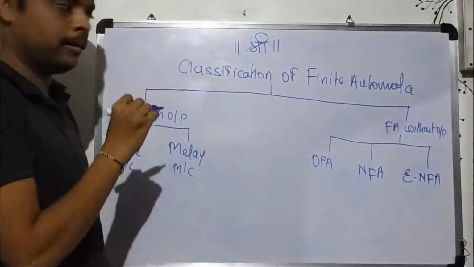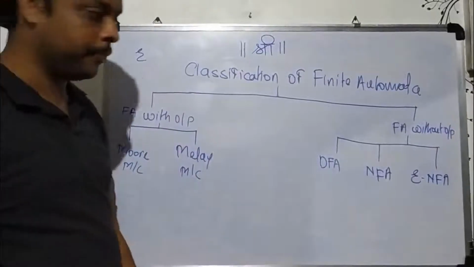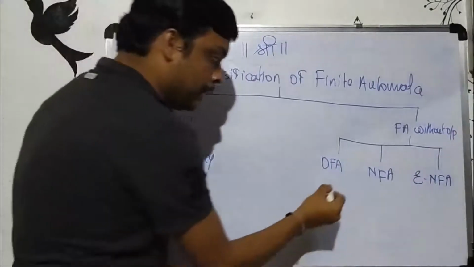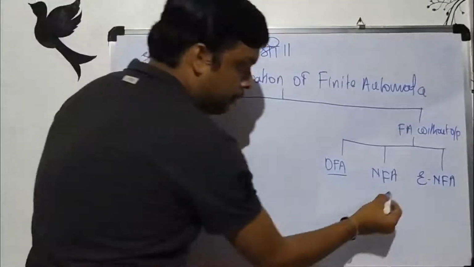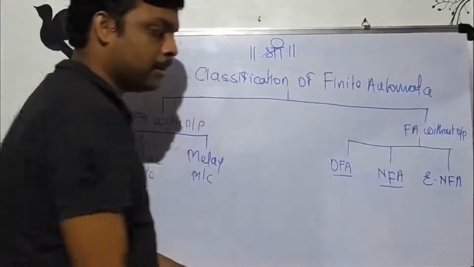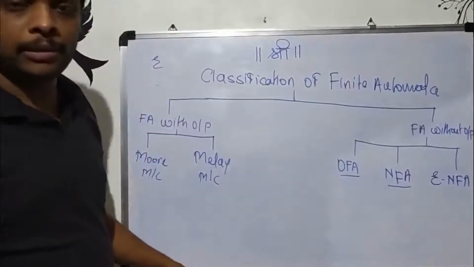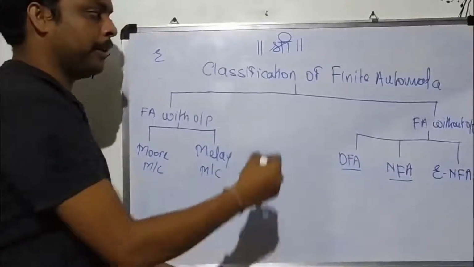I hope you are familiar with this symbol, epsilon. This is a Greek symbol. Here DFA stands for deterministic finite automata, NFA for non-deterministic finite automata, and the last one is epsilon non-deterministic finite automata. So let us revise this point.